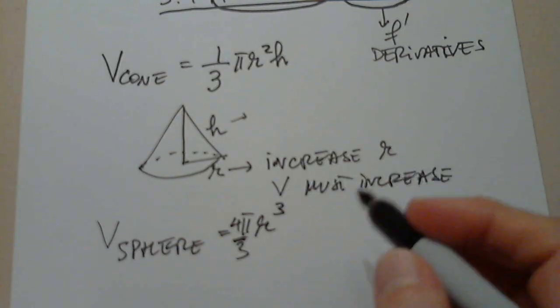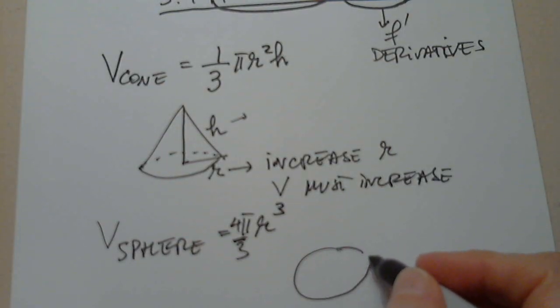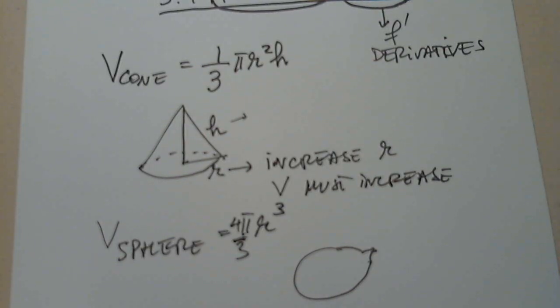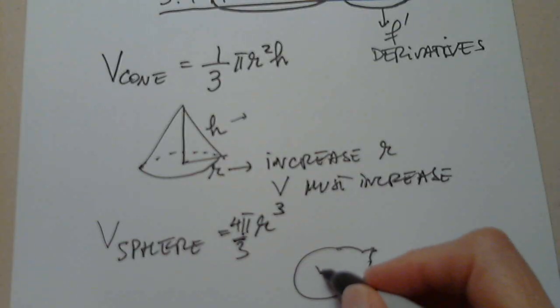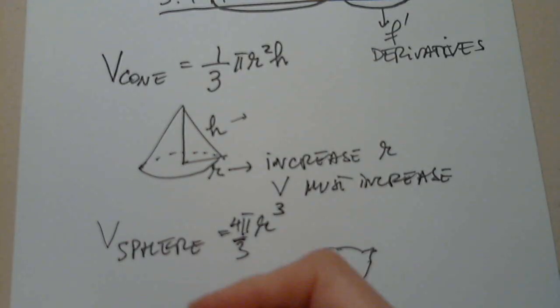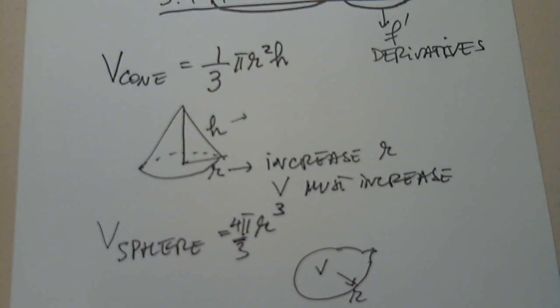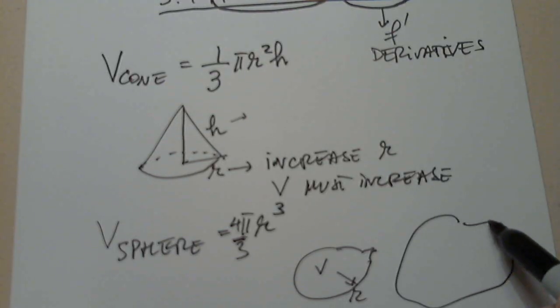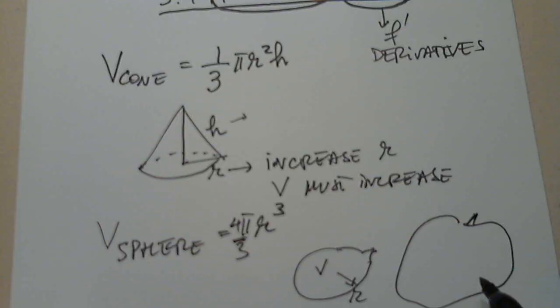Okay, so let's say I have a balloon and I pump air in it, or I take air out of it. So the volume is this. Let's say it's in the form of a sphere. The radius is this, the surface area. But once I pump air in it, everything changes. The volume changes, the radius changes, the surface area changes.